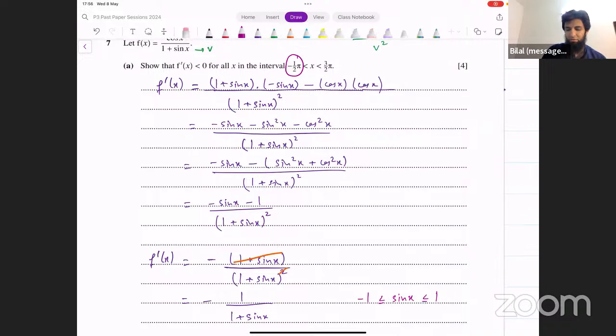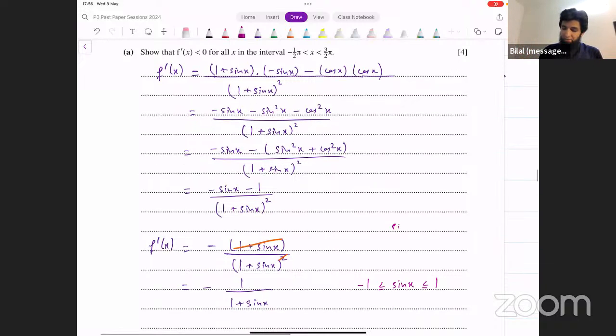At minus pi over 2, it's going to be -1. Okay, let me ask you, can somebody try this as well, actually? What happens when you have minus pi over 2? It becomes -1, right? So sine of minus pi over 2 is -1. And also sine of 3 pi over 2 is also -1. Both of these points are not included.